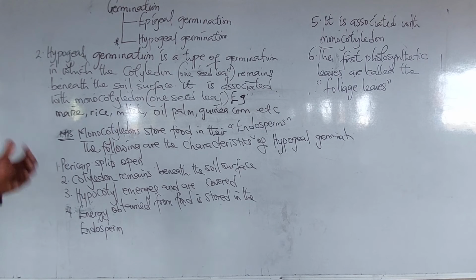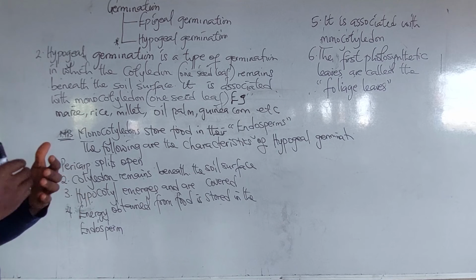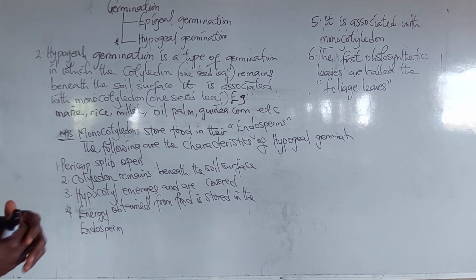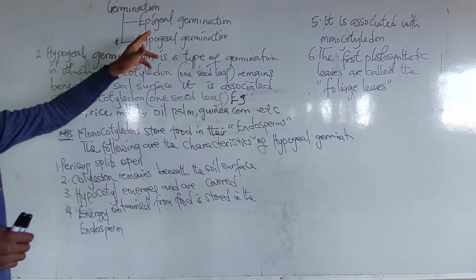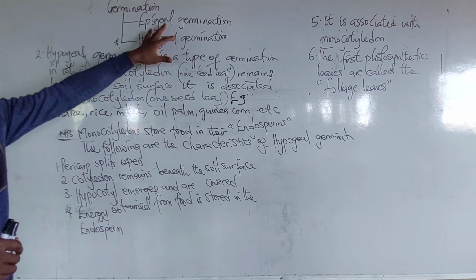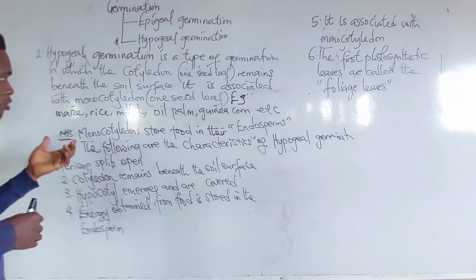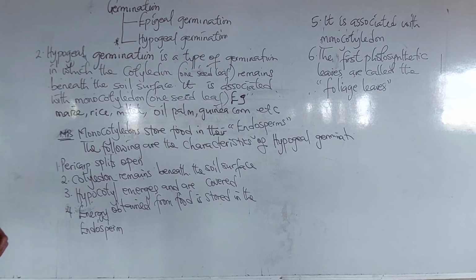Okay, I said we have two types of germination. I said various factors are needed, conditions necessary for germination, I've given you. Then I said we have two types of germination, epigeal and hypogeal. I gave you the various characteristics of epigeal germination. Now we have rounded off with the characteristics of what? Hypogeal germination.